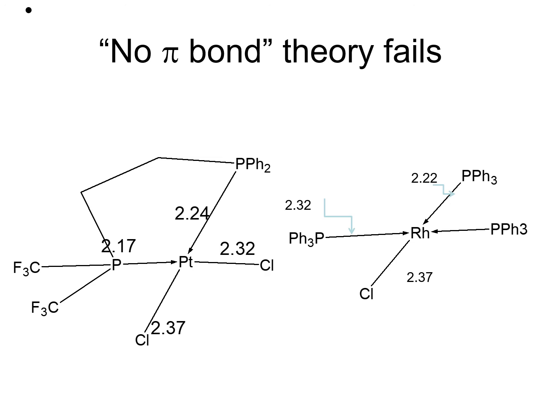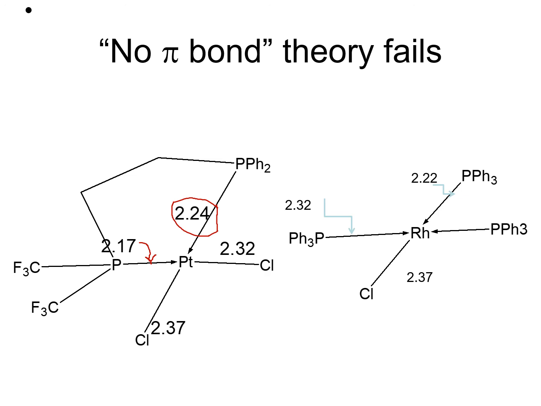So the weak sigma donor, which has two CF3 units, has a bond distance of 2.17 angstroms. I'm going to mark this 2.17 angstroms as the bond distance that we are looking at. And the phosphorus which has a PPh2 group has a bond distance of 2.24 angstroms.